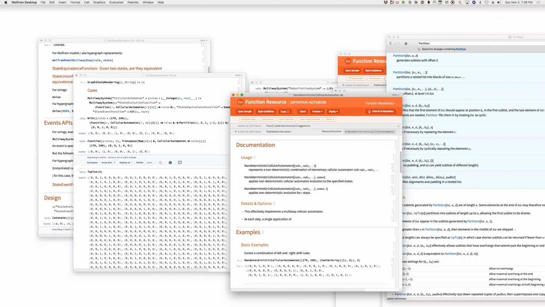Well, actually, these are different models, aren't they? I mean, what the heck is a non-deterministic cellular automaton anyway? It's a non-deterministic sequential cellular automaton. Yeah, a single application of the rule is done at some location.